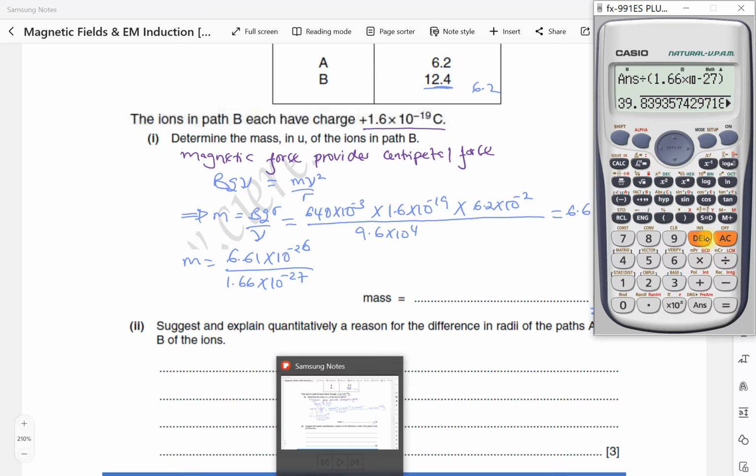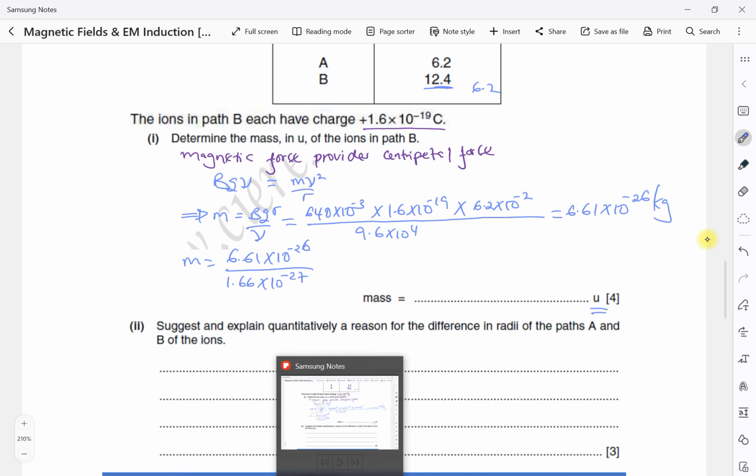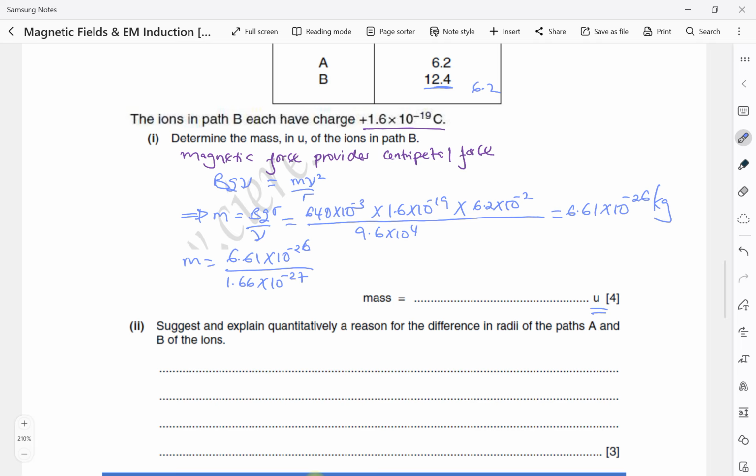So that is 39.8, which is approximately 40 u. So the answer here is going to be 40.